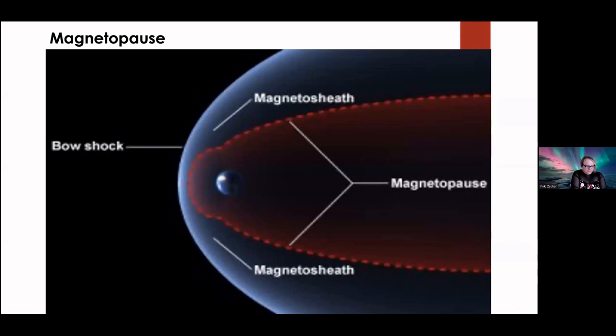A part of it is visible here, and we'll see more on the next slide. The magnetosphere around the Earth keeps most of these charged particles from reaching us, making life possible on the planet.